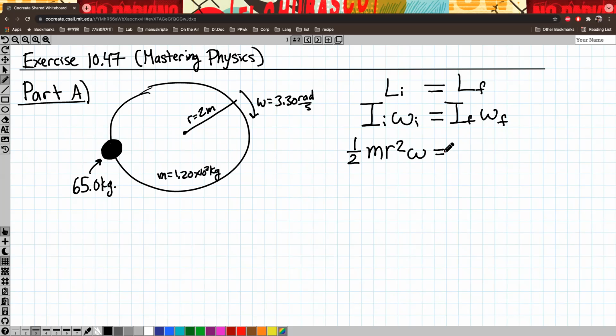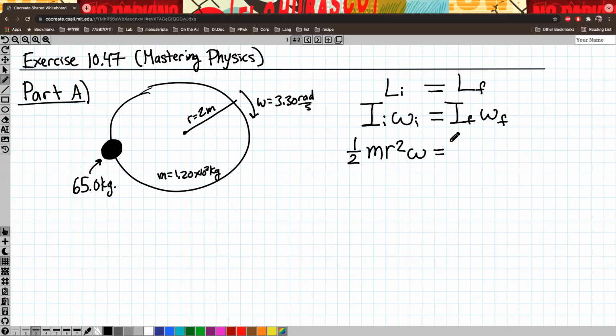And then as for the final inertia, we would have both the inertia at the center and the inertia of the parachutist. So would it just be the inertia of the parachutist plus the inertia at the center for I final?